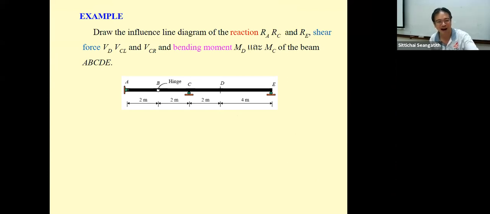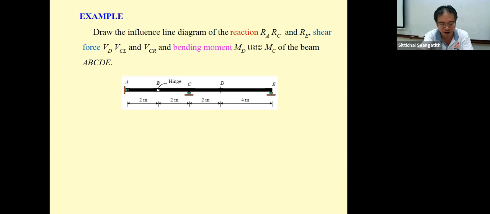So for this one, you can go through all of the video clips, and draw the influence line diagram of reaction, of shear force, and of the bending moment. And then later, just put the dead load or the live load that's given to you into the influence line diagram and into the beam and do the calculation to determine the maximum value of different things.